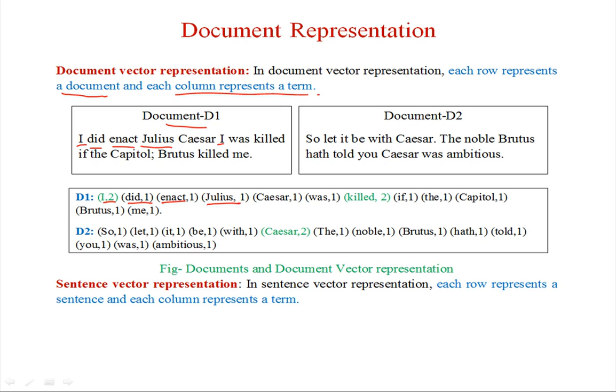Similarly, we can represent the document D2, and after that we will prepare a matrix where the row will represent the document D1 and the columns will represent the words. For example, I, 2, and then did, 1, like that.